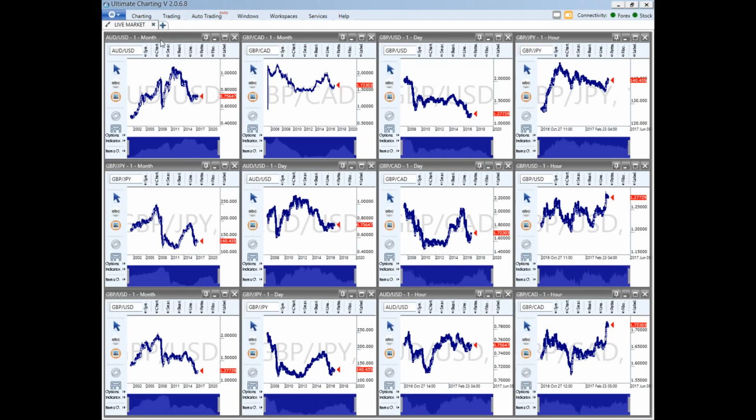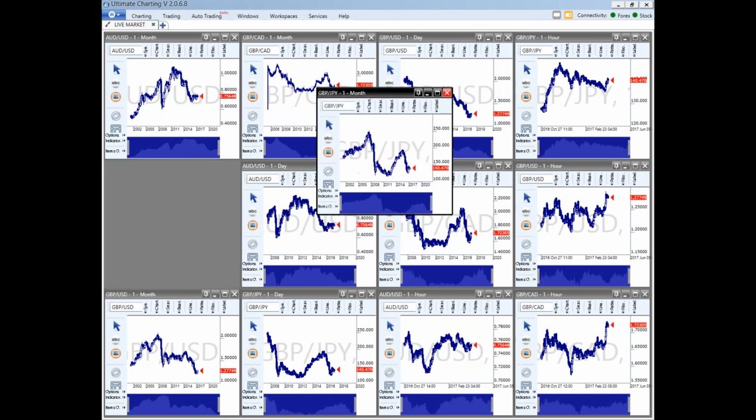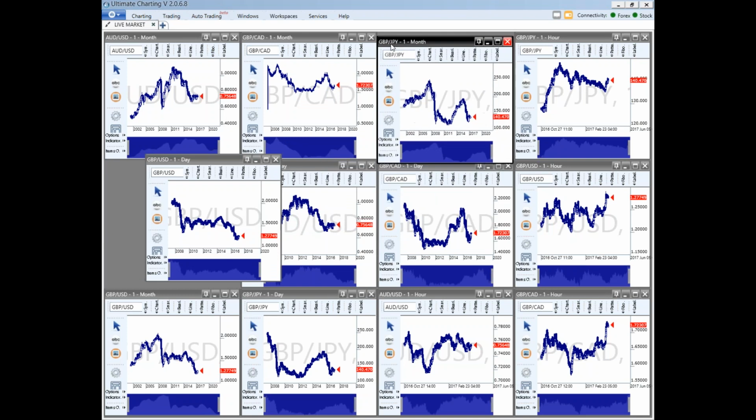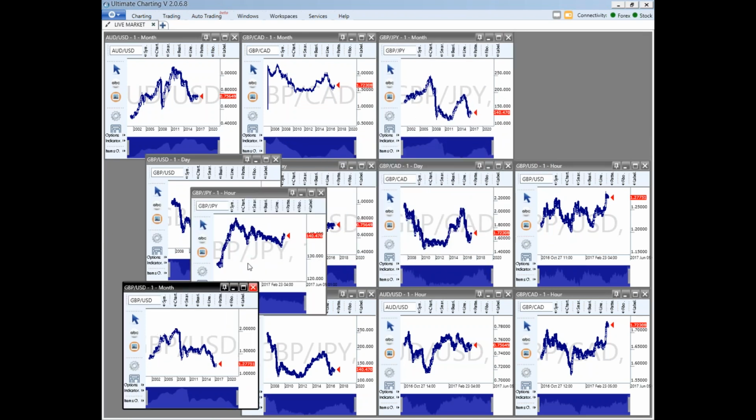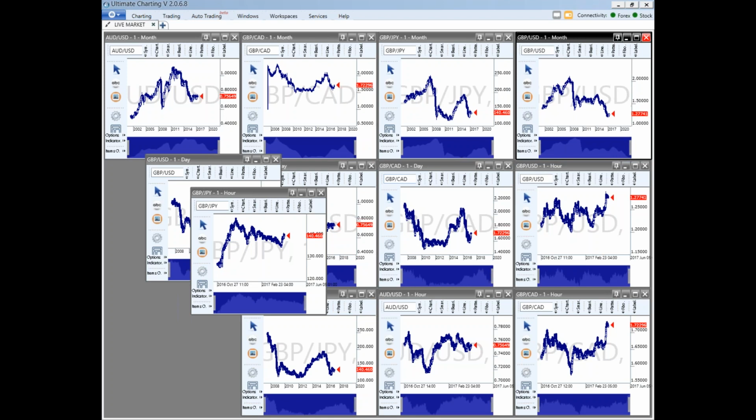And what do we see here? All right, so we've got here the Australian, pound Canadian, and we've also got the pound dollar and pound Japanese yen. So let's just put the monthly on top, and then we'll start to move around here. Pound Japanese yen, where is there we go, pound dollar monthly time frame.